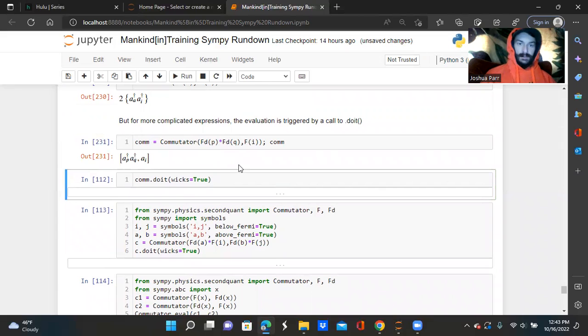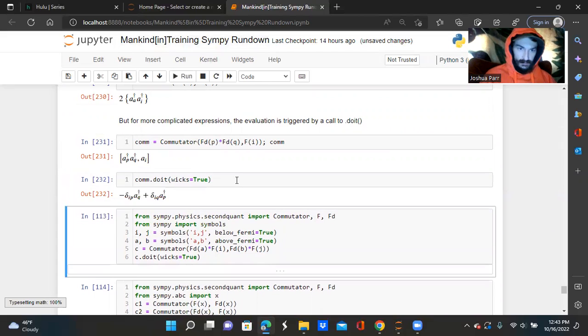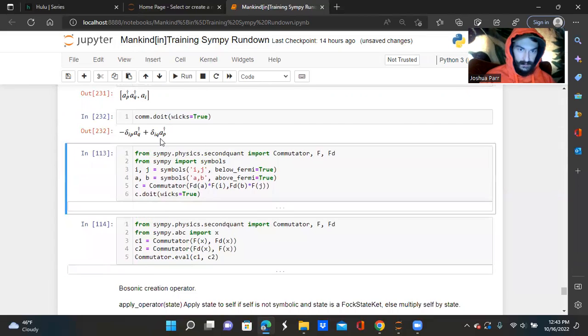Okay. So now I want wicked equals true. And it gave me my Kronecker sum. We got negative delta sub IP, A sub Q dagger, plus delta IQ, A dagger P.